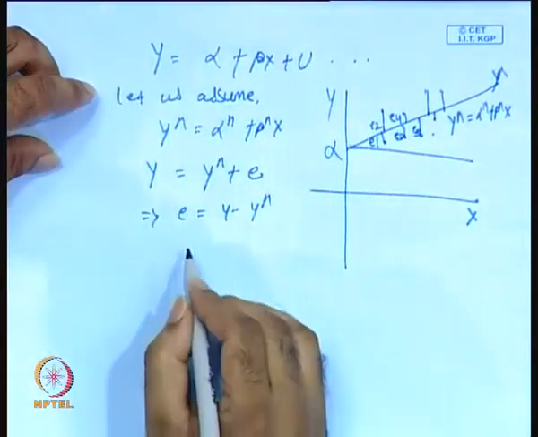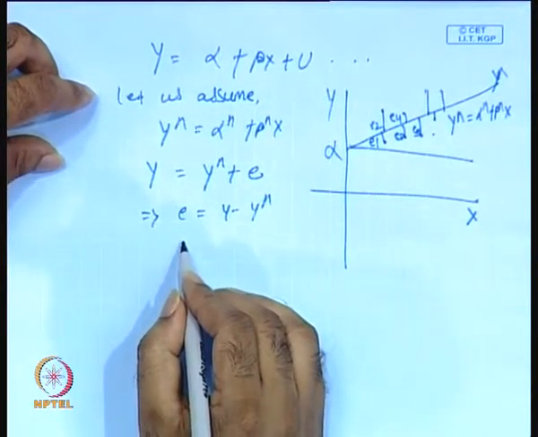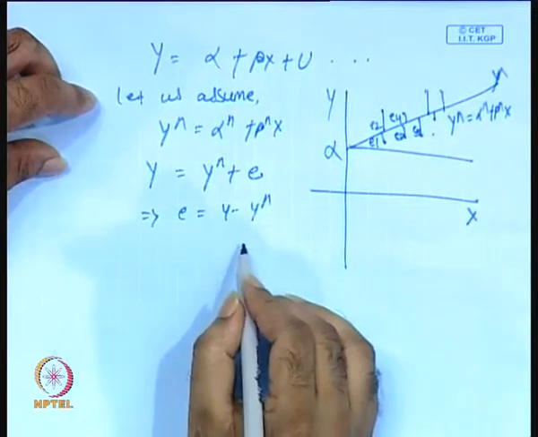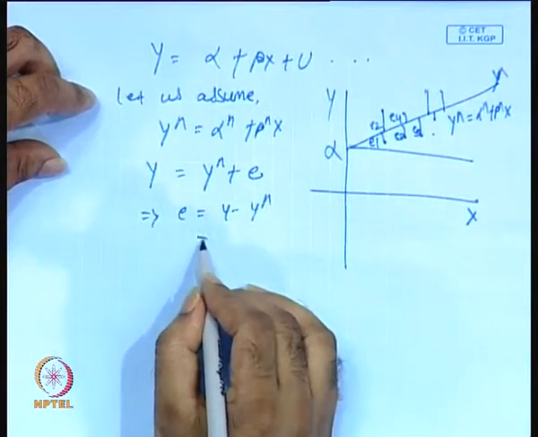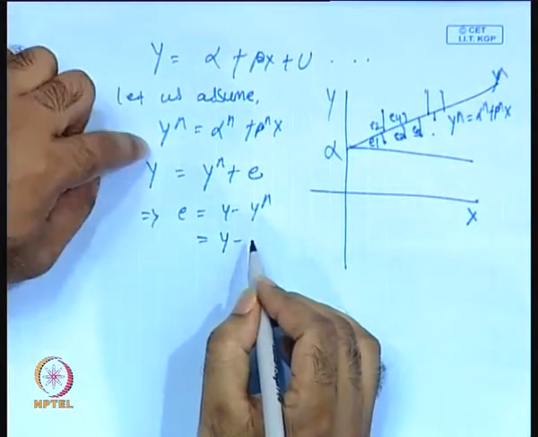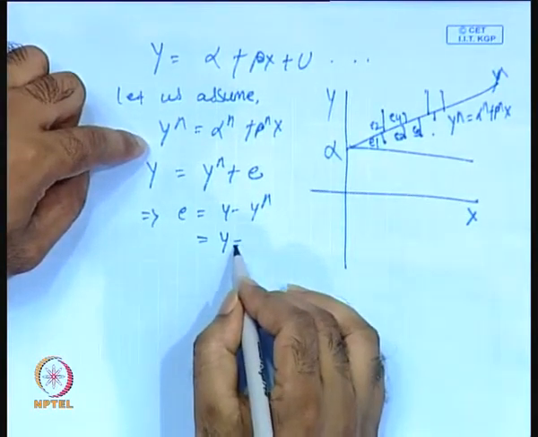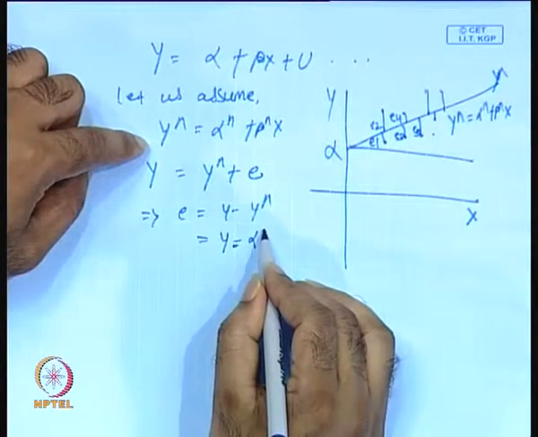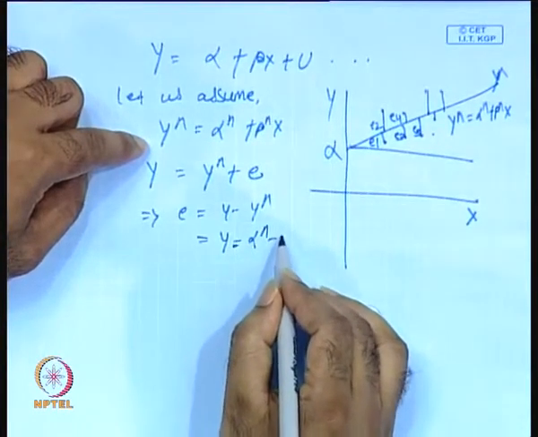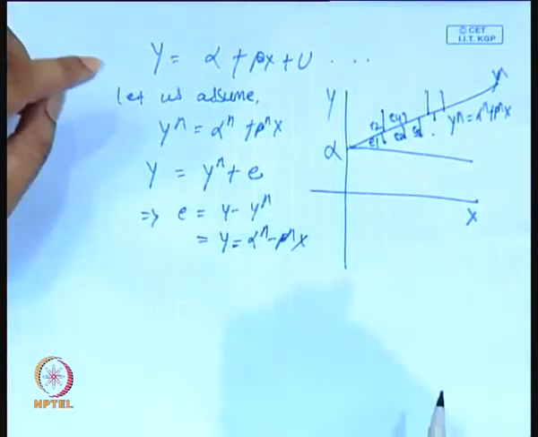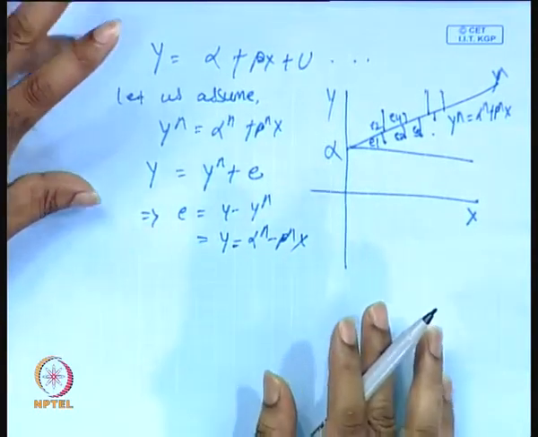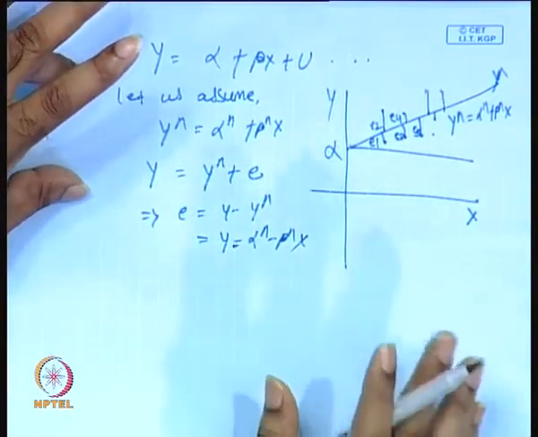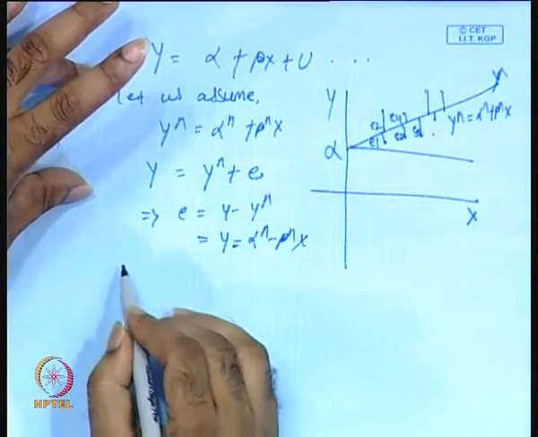So, now if you further elaborate this particular equation, then obviously E equals y minus y hat, which is y minus alpha hat minus beta hat x. Okay. So, E equals y minus alpha hat minus beta hat x.